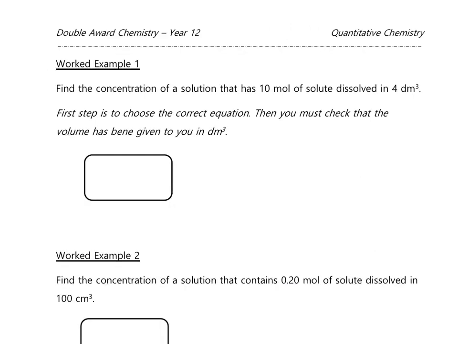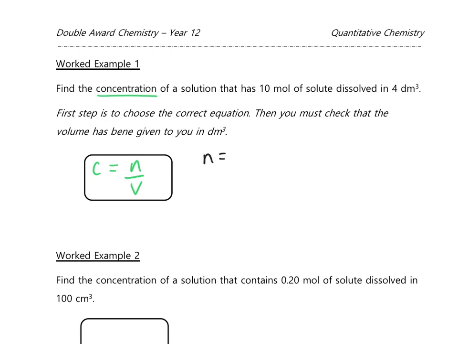The first step is to choose the correct equation. The question asks me, find the concentration of a solution that has 10 moles of solute dissolved in 4 decimeters cubed. First step is to pick your equation. So which equation am I going to use? C equals N over V. We've got to check our units here.